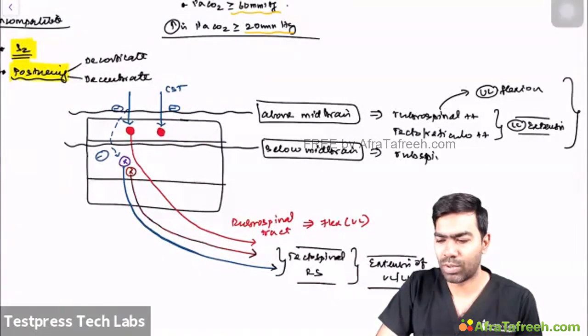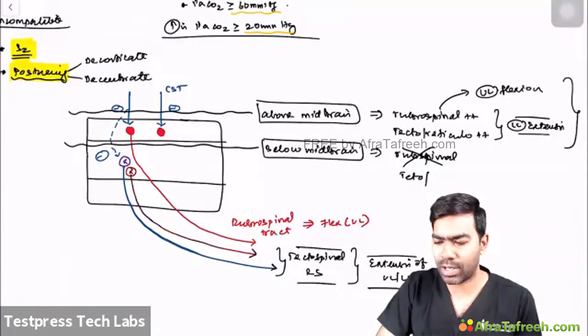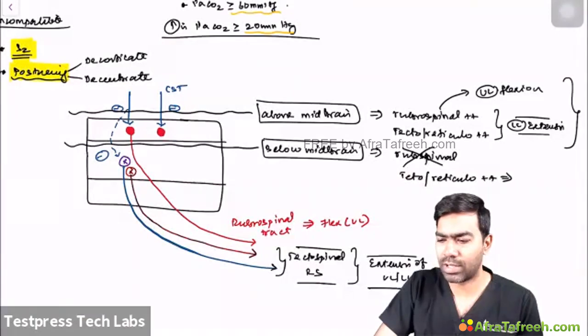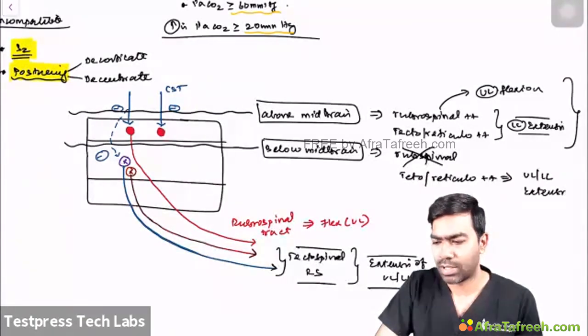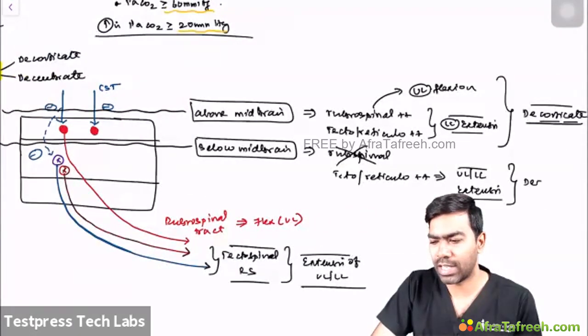So here there will be no rubrospinal pathway. There will be only tectospinal and reticulospinal pathways, which will be active, resulting in uniform extension of the upper limb and the lower limbs. And this kind of uniform upper limb and lower limb extension is what we refer to as decerebrate posturing.